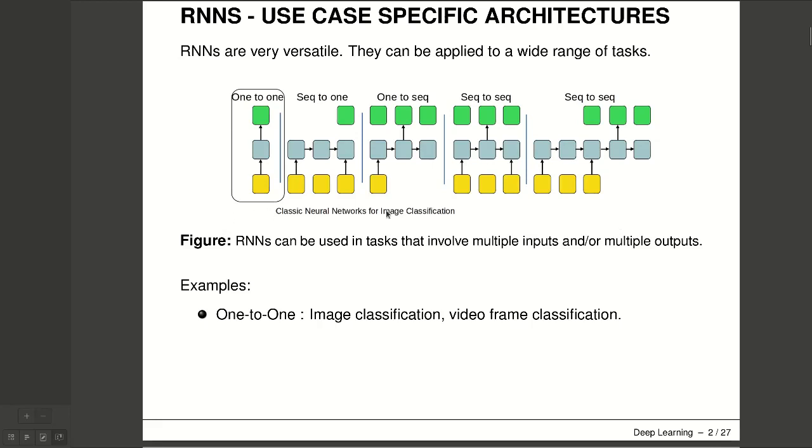From left to right, in the first mode, we have the network without RNN. Here we have a fixed size input and a fixed size output. An example application in this case is image classification or video frame classification.